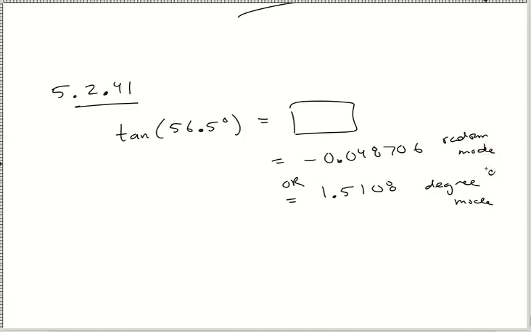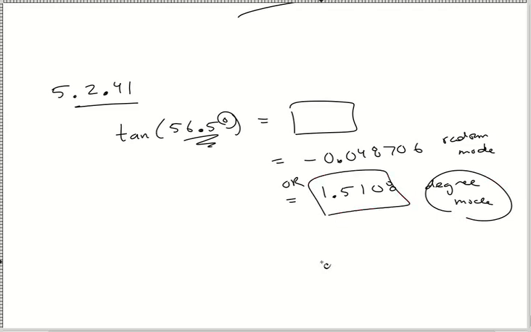What are we talking about here, though? Isn't that degrees? And that's it. Very simple. This is not your answer. But my point is that if you're going to your calculator and you get a number and you type it in and it goes, no, you're wrong, and you're like, I know I'm right, I don't know what else is wrong here. Tangent 56.5, enter.